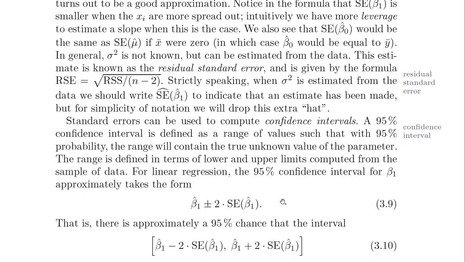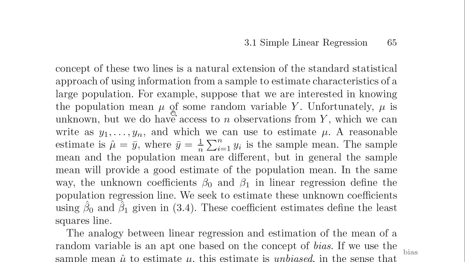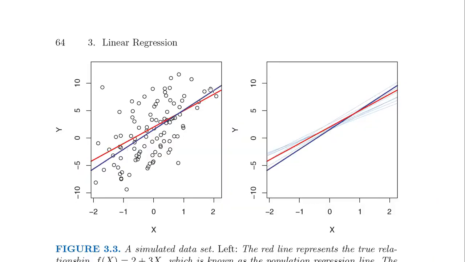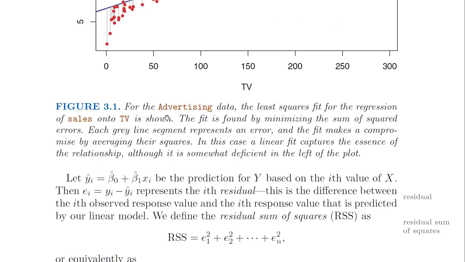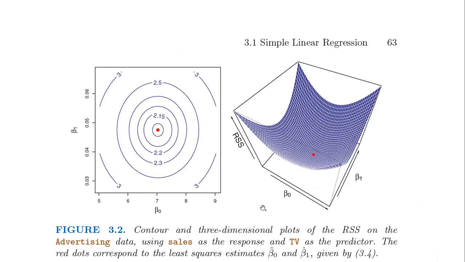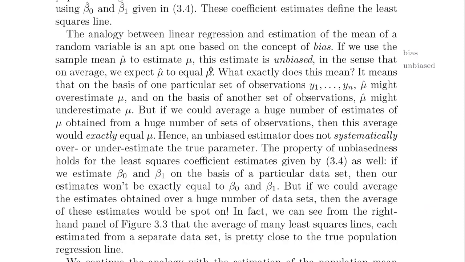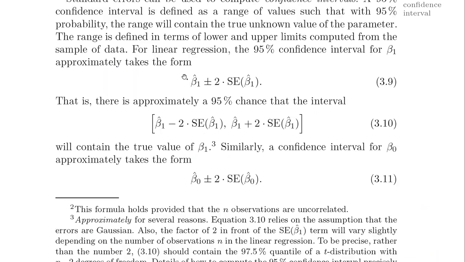approximately takes the form. Okay, so what's happening? You have your data, you fit a blue line, you fit the blue line by calculating beta 1 hat and beta naught hat. Now you want to know what is the true beta 1, what is the true slope? The true slope is found by doing this over here.